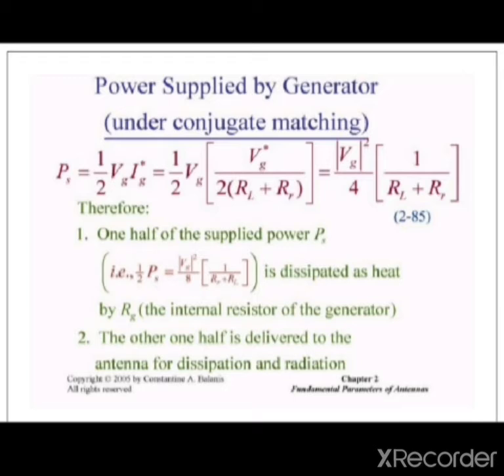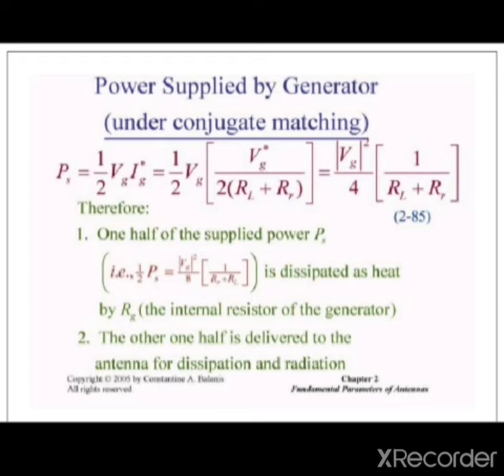Under the conjugate matching condition, the power supplied by the generator is half into Vg into Ig star. Ig you got in the previous equations, and applying it here, it becomes Vg square by 4 into 1 by RR plus RL.